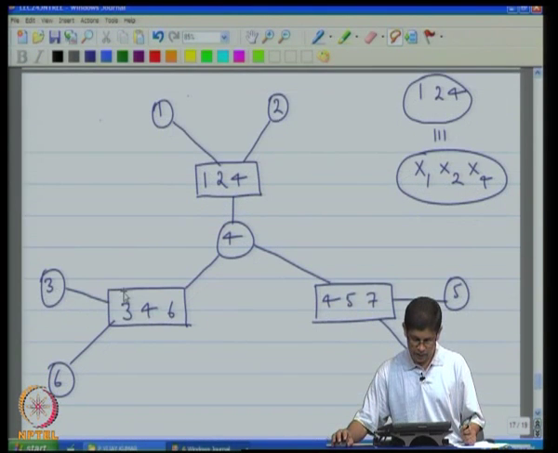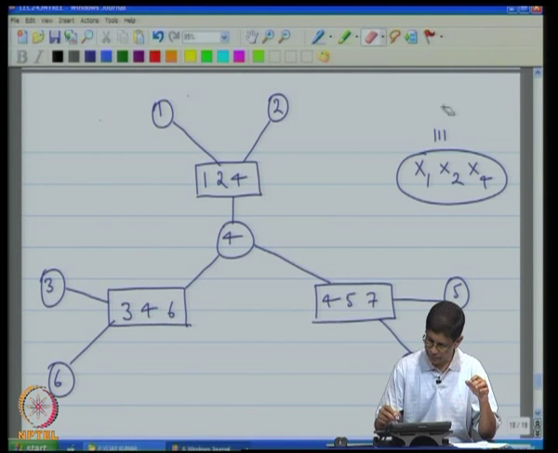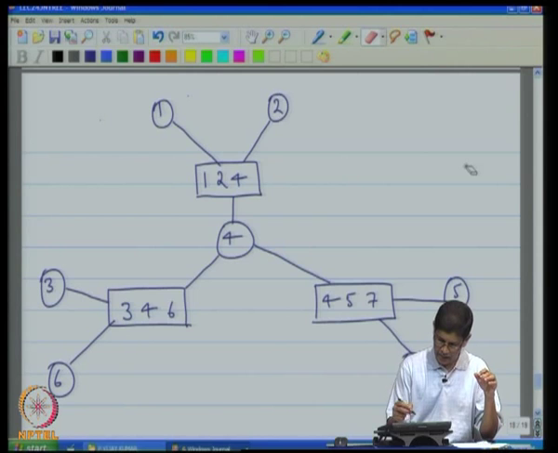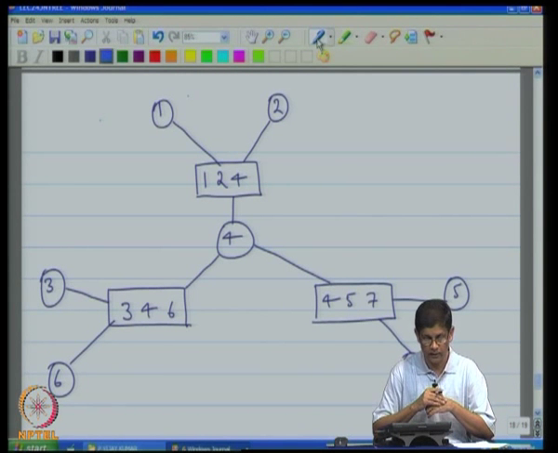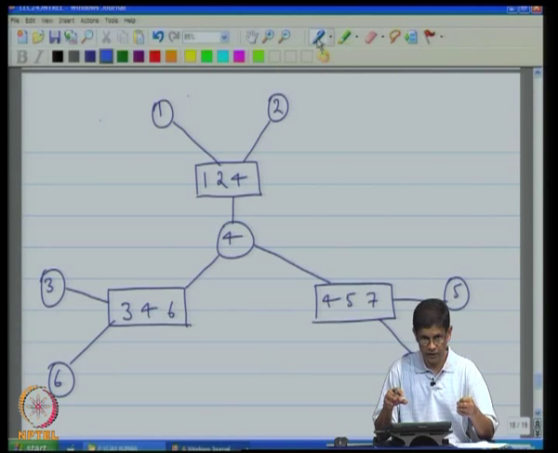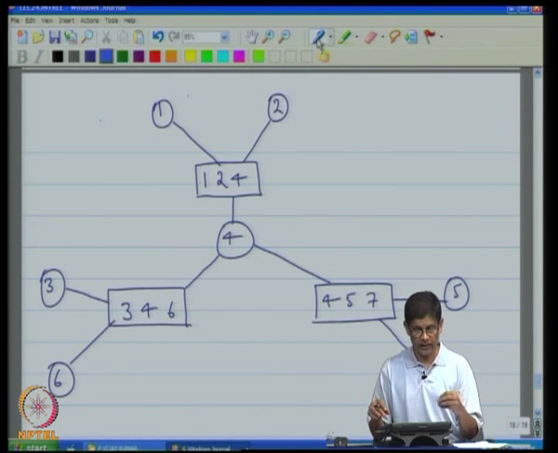Now, what I mean by projection is you take this graph and supposing you wanted to project it onto the variable 1, then you would retain all the nodes in which 1 appears and any edges between two nodes which are connected by an edge.